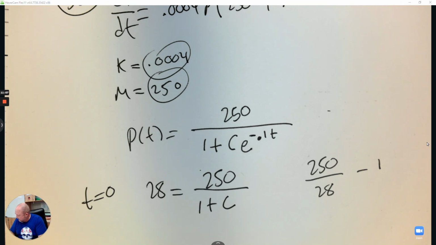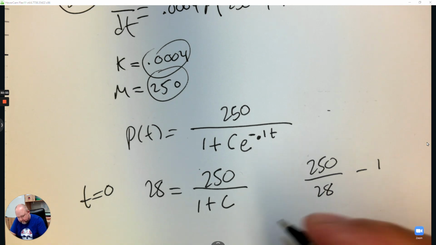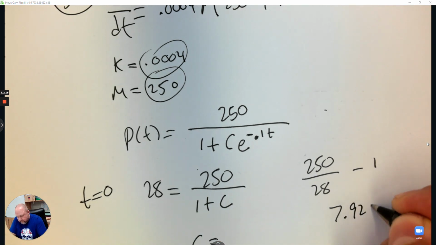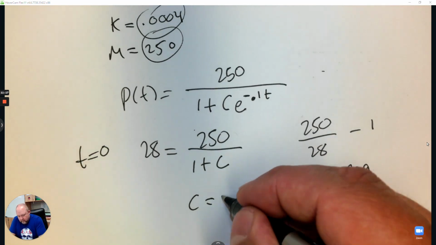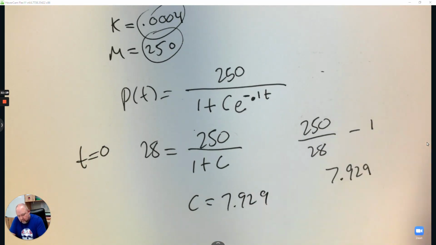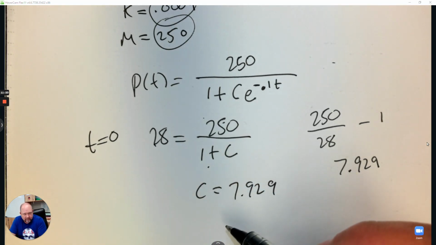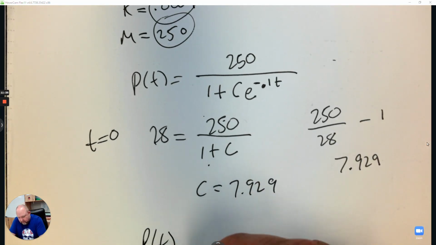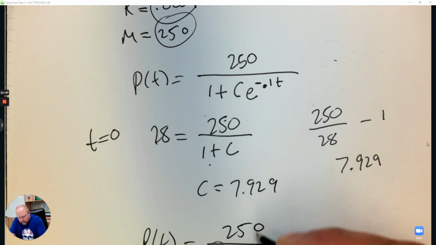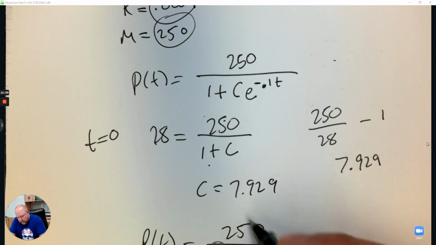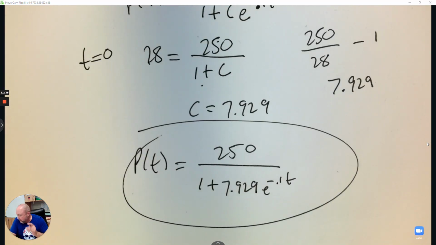So about 7.929. That's what C equals. So I divided those numbers and then subtracted 1. So the equation would look like this. And there's the equation to describe the growth of the gorillas.